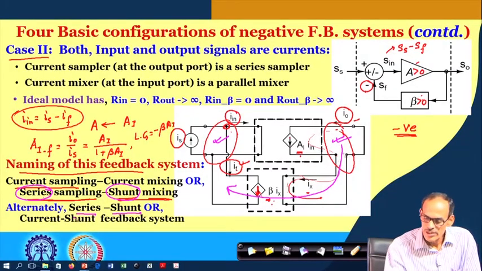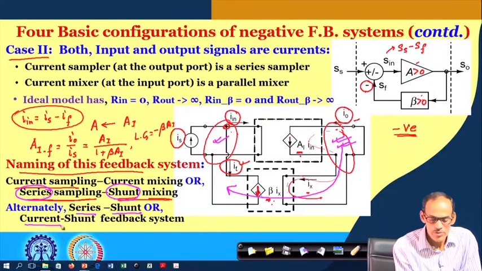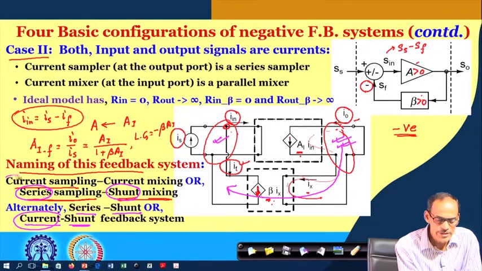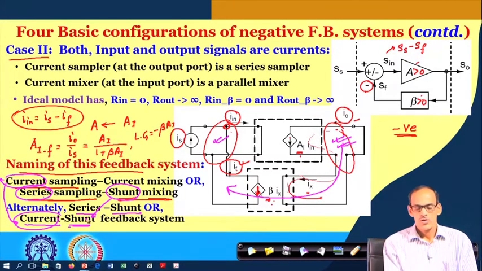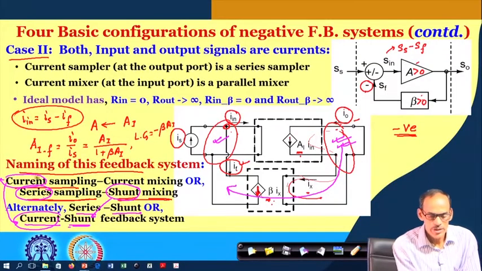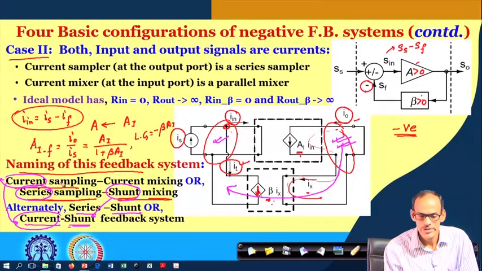Alternatively, we may say that we are sampling the current and then we are feeding back to the input port, and there the connection is shunt connection. So, this current again is coming from this name and this shunt is coming from this one. Okay. So, that is about the naming of this feedback system.